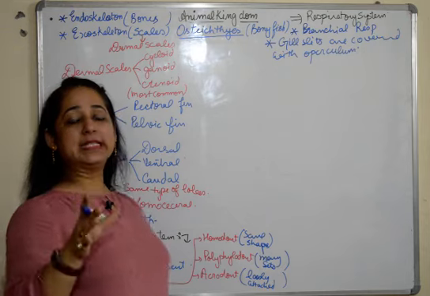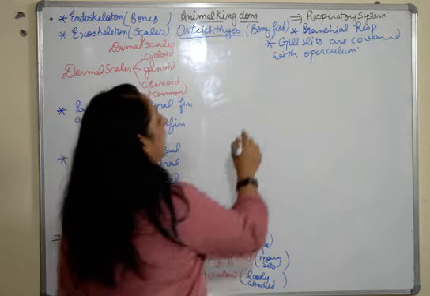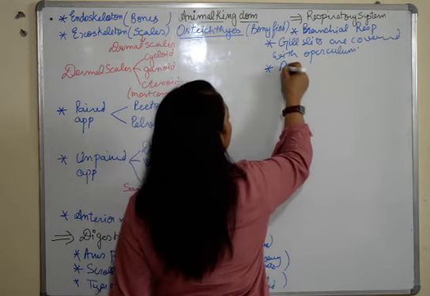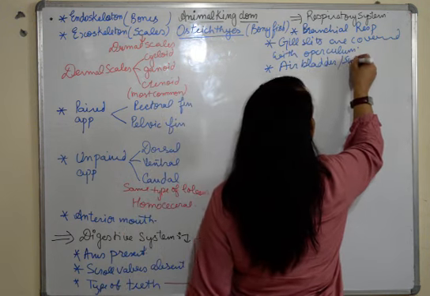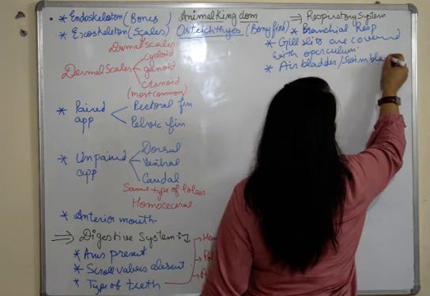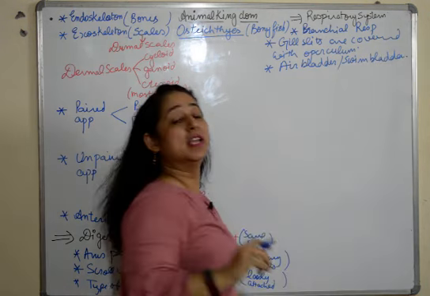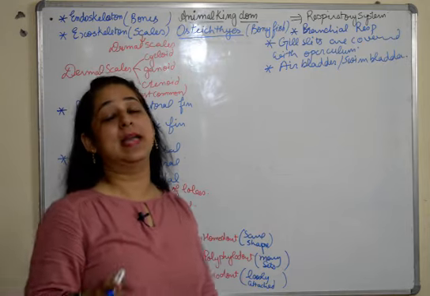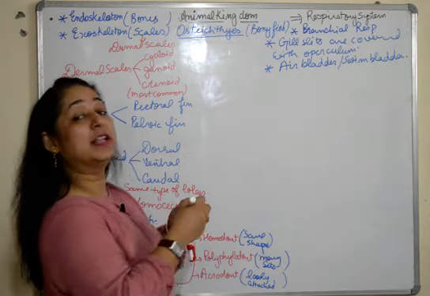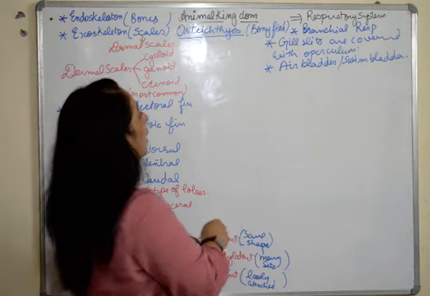So herein the gill slits are there and they are covered with a covering known as operculum. They also have air bladders, also known as swim bladders, which are absent in cartilaginous fish. They act as lungs and help in the process of respiration, and also help in body balancing or keeping them afloat.